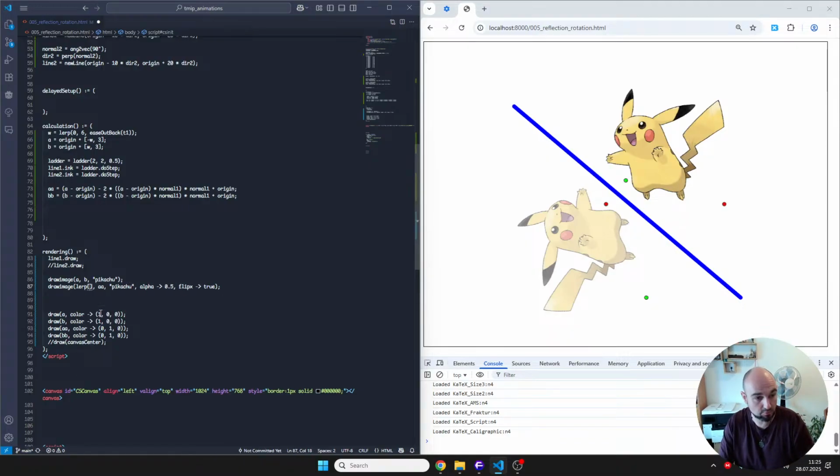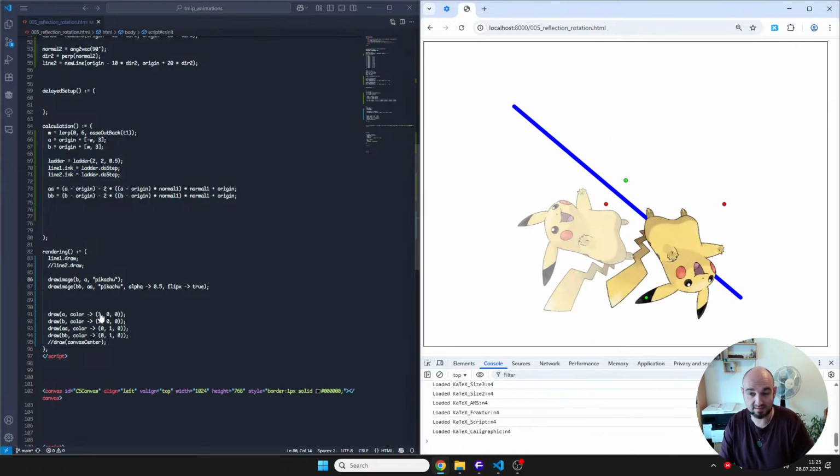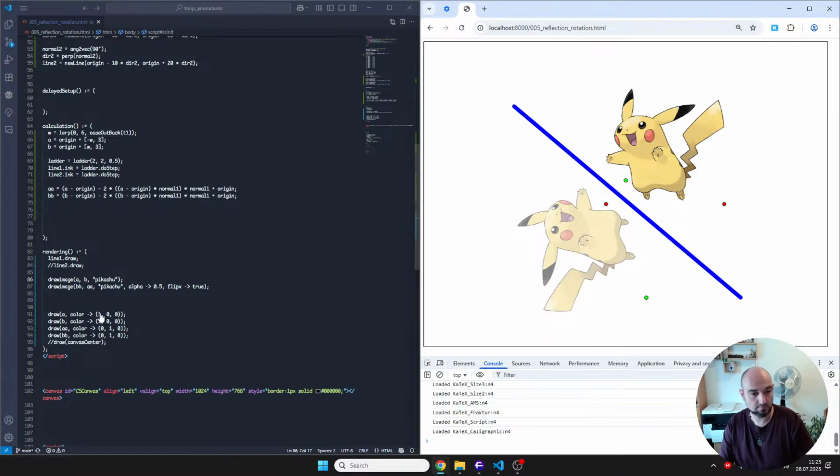So if you lerp from... Okay, give me a second. If we do that, then it's upside down as it should be. That's okay. Oh, that's very unfortunate. But that's okay.